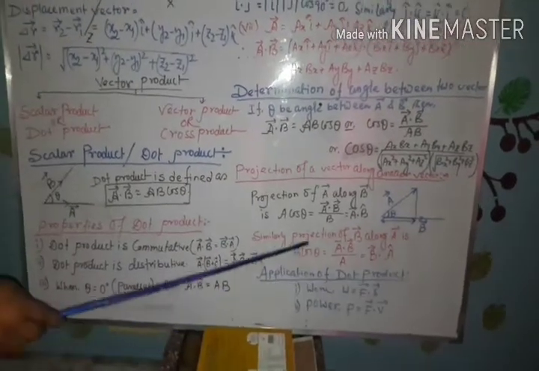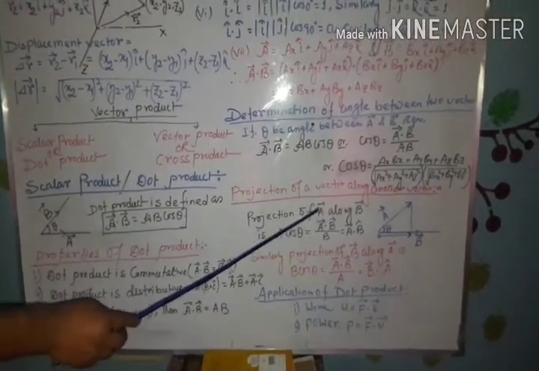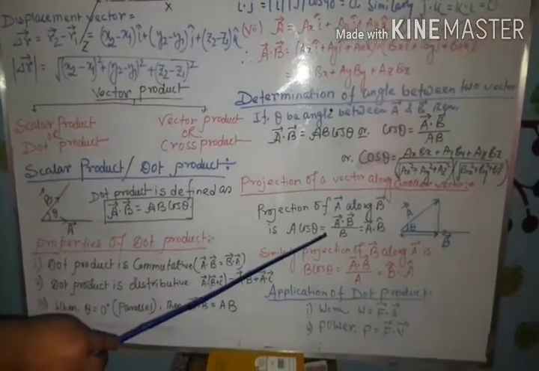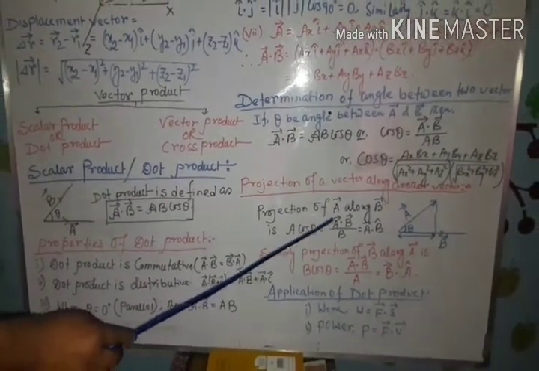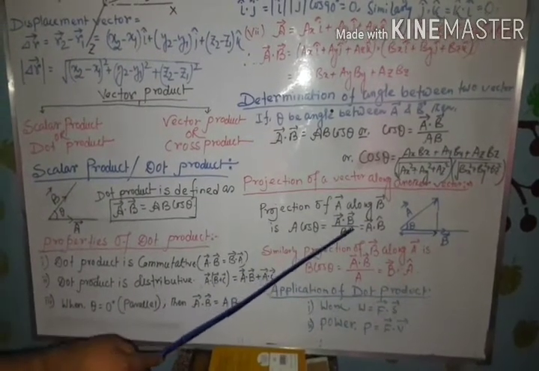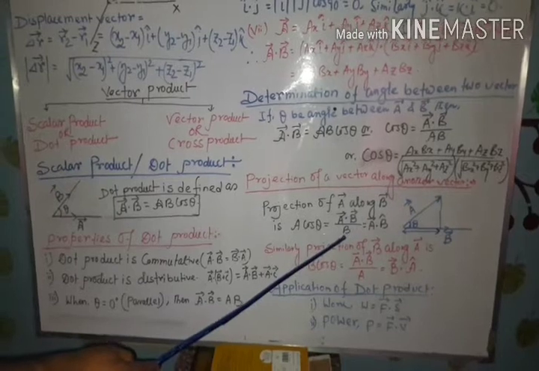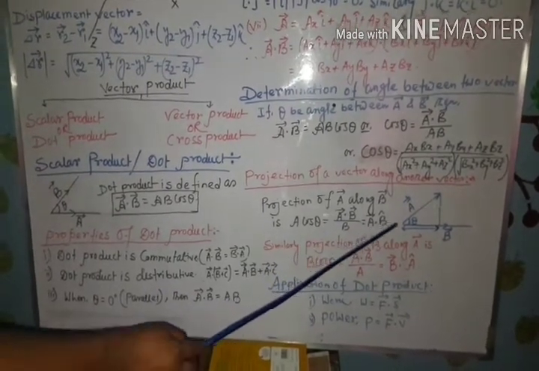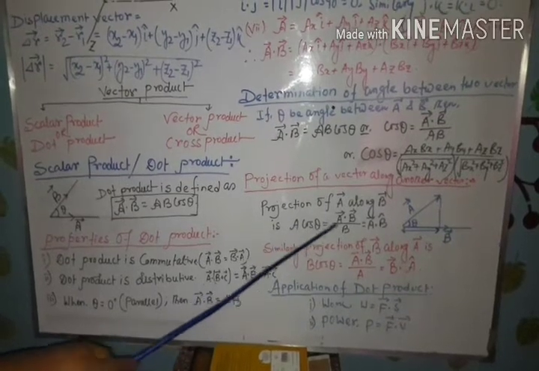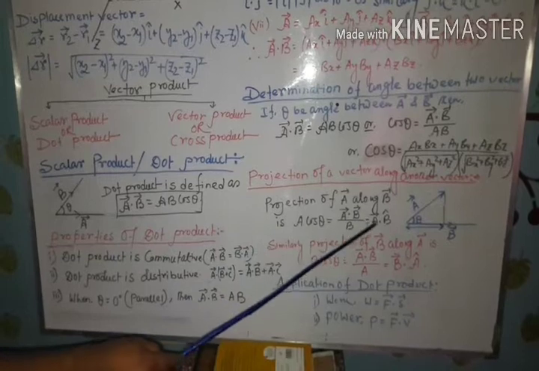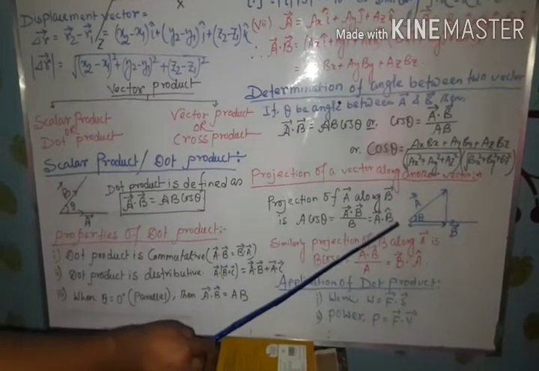Now see here, the projection of A vector along B vector equals A cos theta, which from the dot product equals A vector dot B vector divided by mod of B. Again, we know B vector by mod of B means B cap, so that's A vector dot B cap. This is the formula by which we can determine the projection of vector A along B vector.